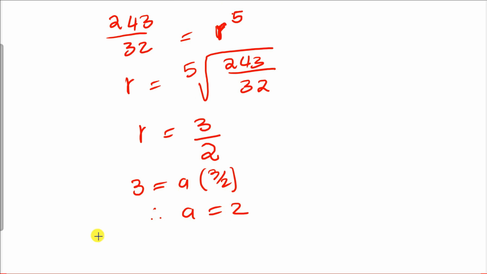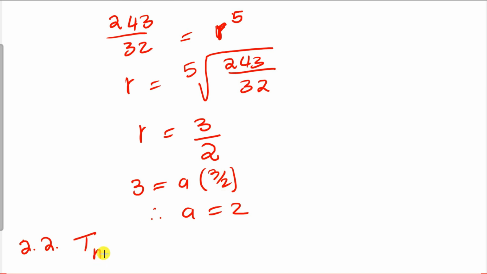Therefore, I can find my 2.2. Remember, here I have substituted my R into equation 1. Whether you use equation 1 or equation 2, it doesn't matter. They will all give you this value. Now, for 2.2, I'm looking for term 4.